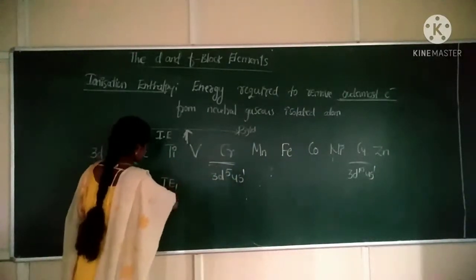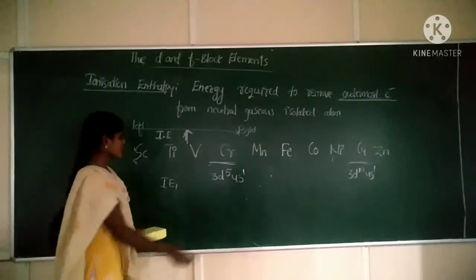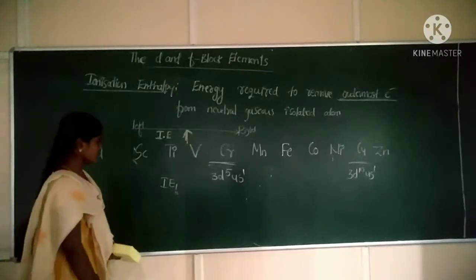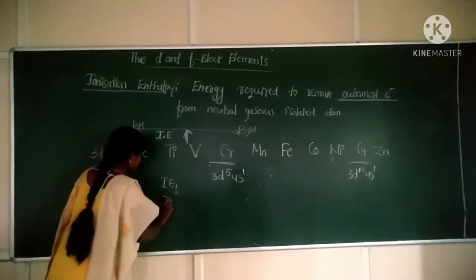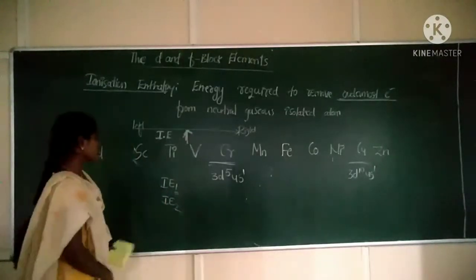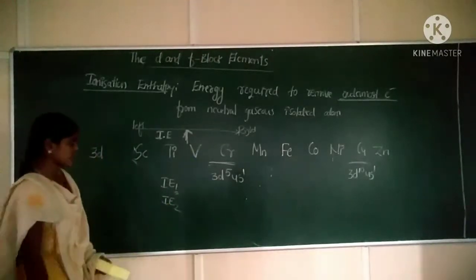If we are removing successive electrons, removing the first electron is called the first ionization enthalpy. If I remove the second electron, it is called the second ionization enthalpy. Successive removal of electrons leads to first, second, and third ionization enthalpy.